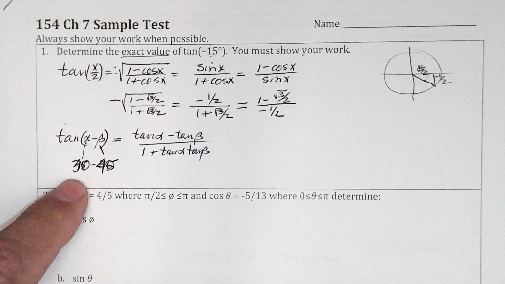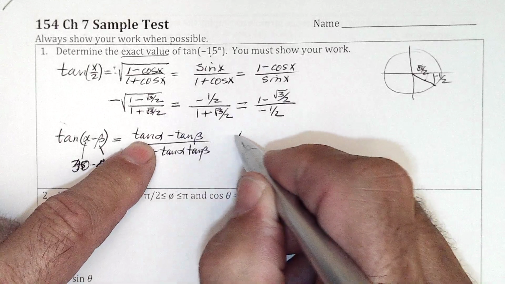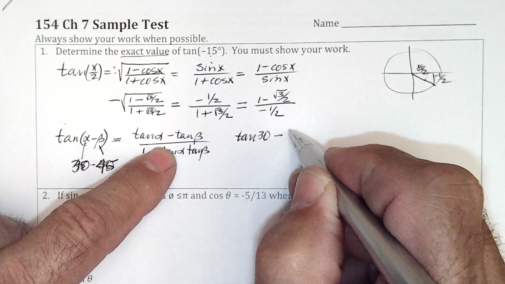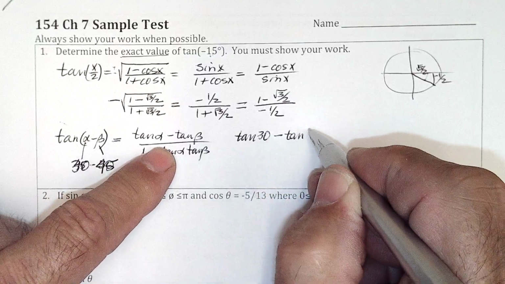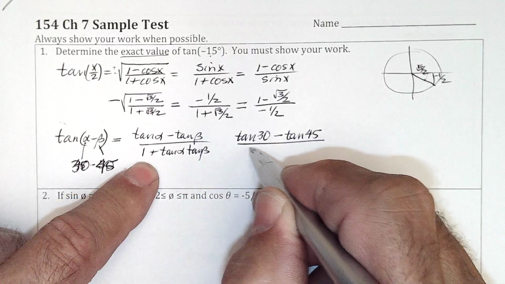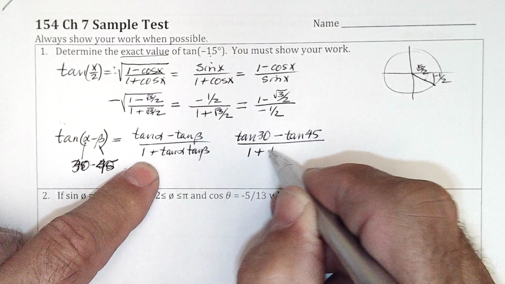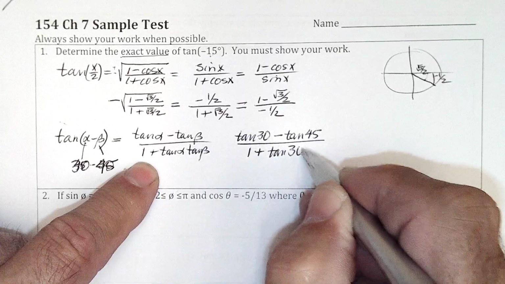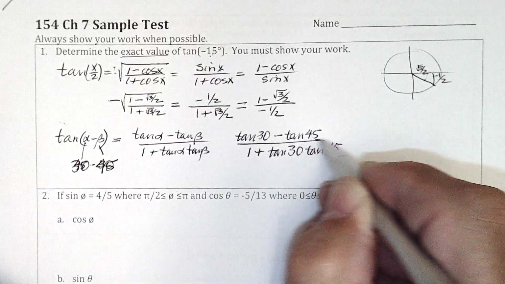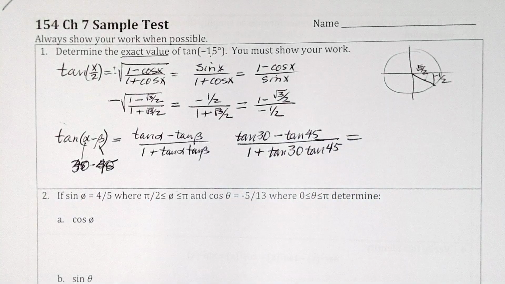So I would do tangent of 30 minus tangent of 45 in degrees over 1 plus tangent 30 tangent 45 multiplied. Let's see.